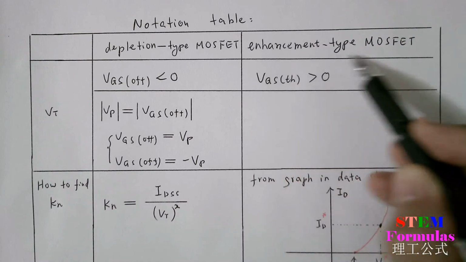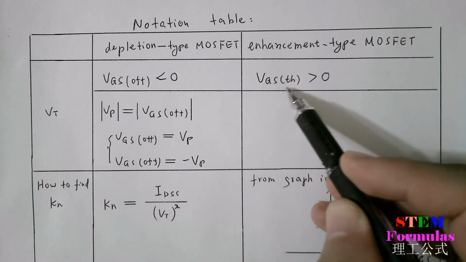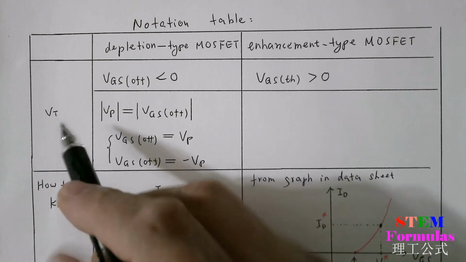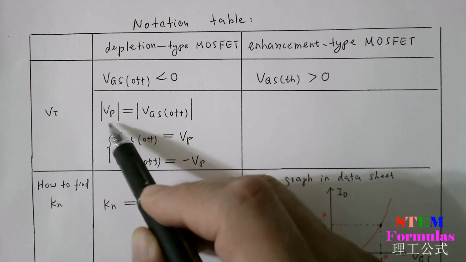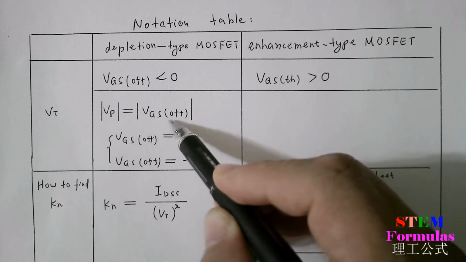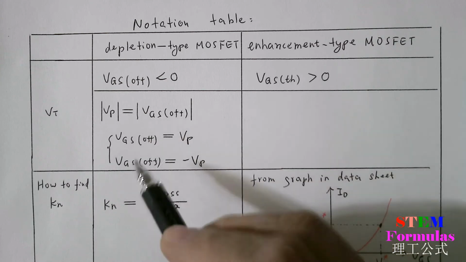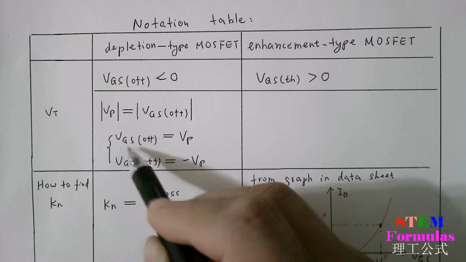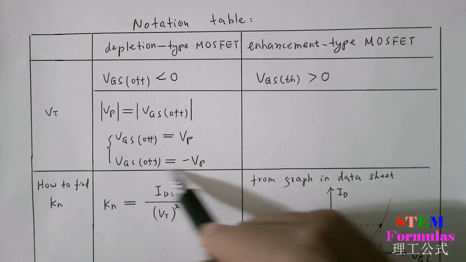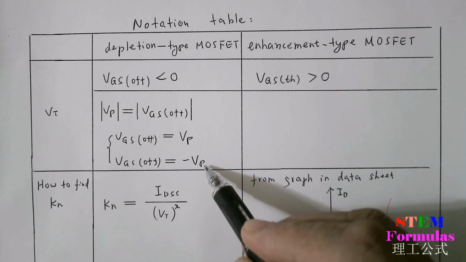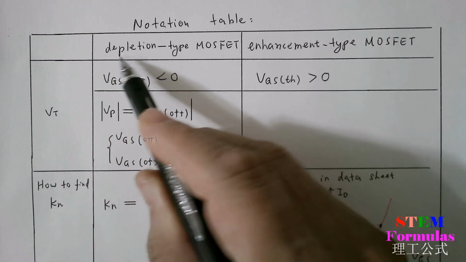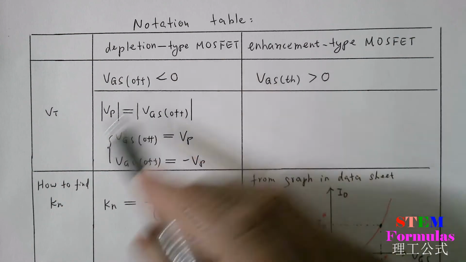And for enhancement type MOSFET, VT is written as VGS threshold, and this number is greater than 0. And sometimes VT is written as VP. I write down the absolute value of VP and VGS off. The reason is that some authors in textbooks write VGS off as VP, and some authors write VGS off as minus VP. So as long as you make sure VT here is negative for depletion type MOSFET, then you're okay.